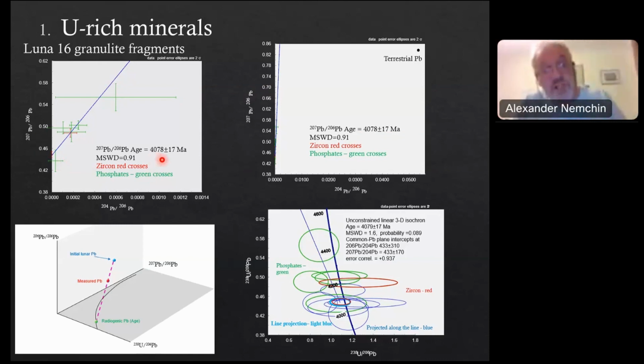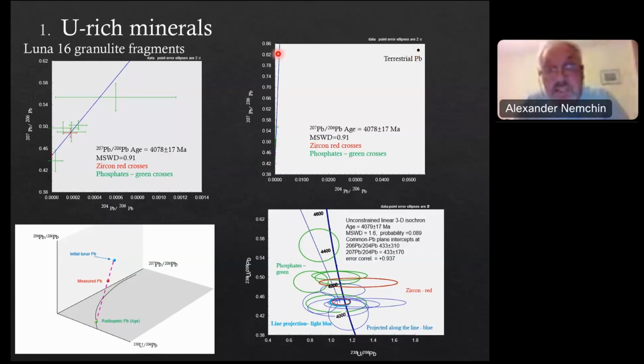Okay, analyzing zircons and phosphates, we've got uranium, of course, so we can utilize uranium-lead systematics to get more information from our analyses. But before we go there, looking at this diagram, it's expanded to show terrestrial lead composition.